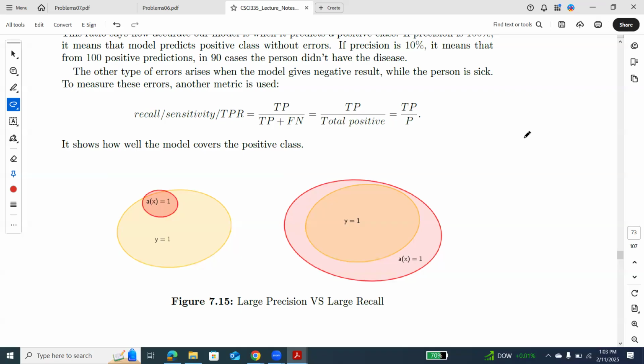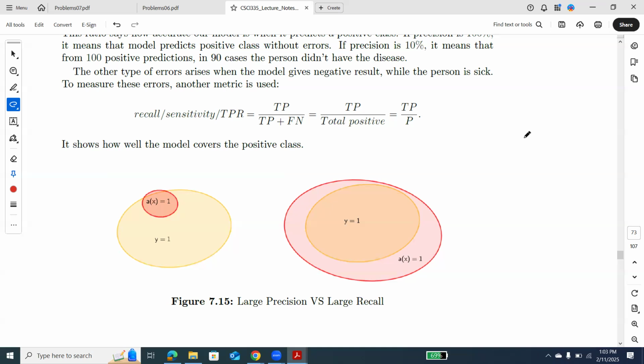This red ellipse corresponds to the numerator, true positives, but the same ellipse corresponds to the total number of points that our model predicted as the positive class.